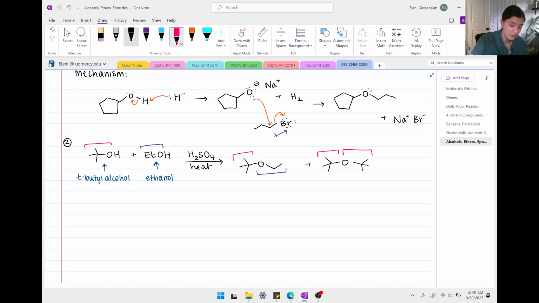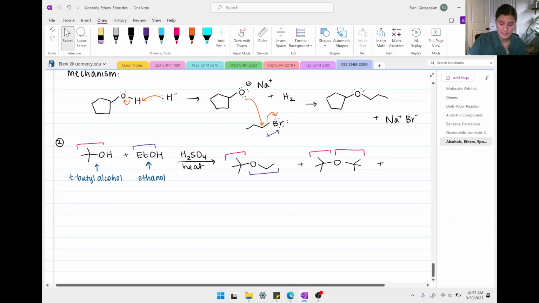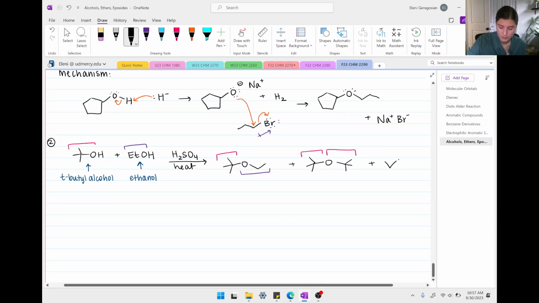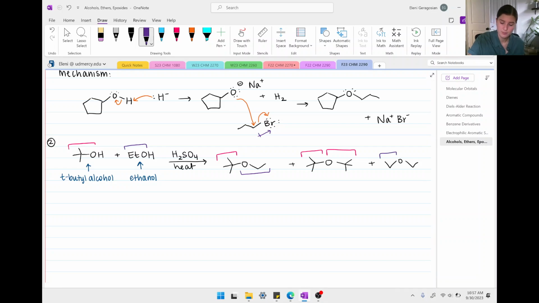That's another possible product. And we could do the same thing with the ethanol and make diethyl ether, where we take the same R group from ethanol and combine them together. All three are possible products.